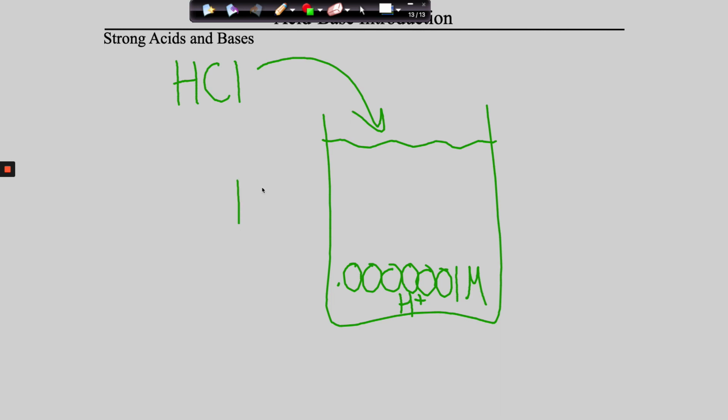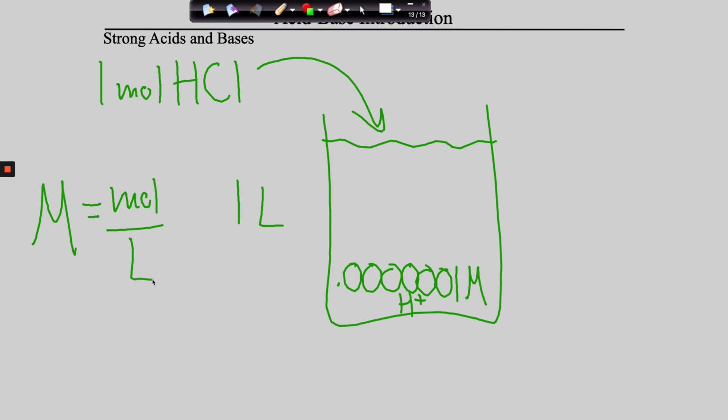Let's say this is 1 liter, and let's say this is 1 mole. I made them up just for you. Now, guys, we know this: molarity is equal to moles divided by liters.